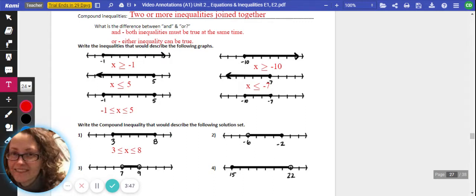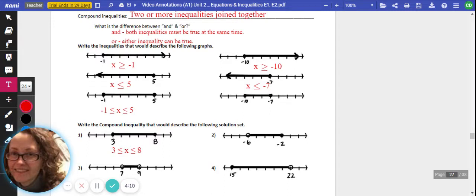I don't want anything over here because any of the shading to the left of -1 is not going to be true for this one up here.